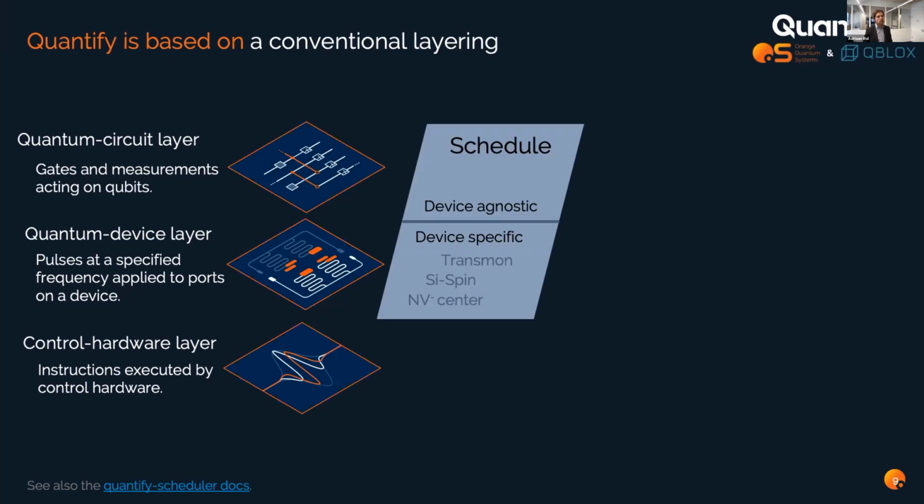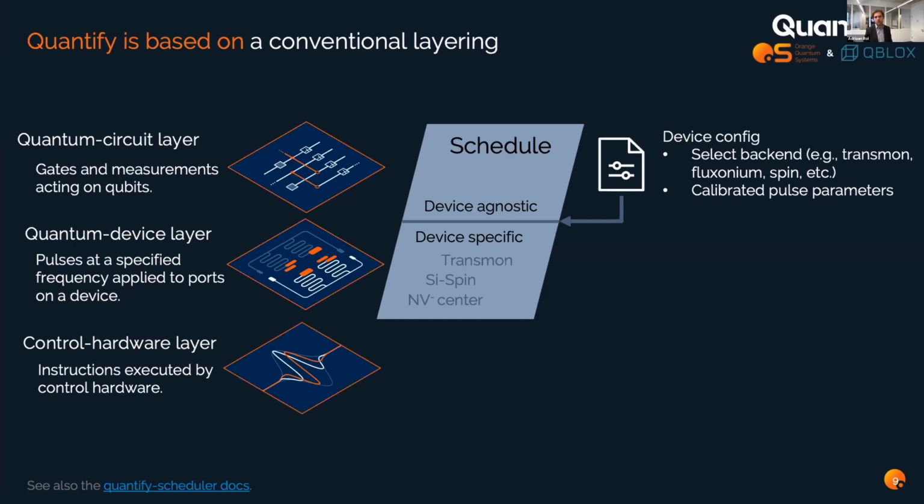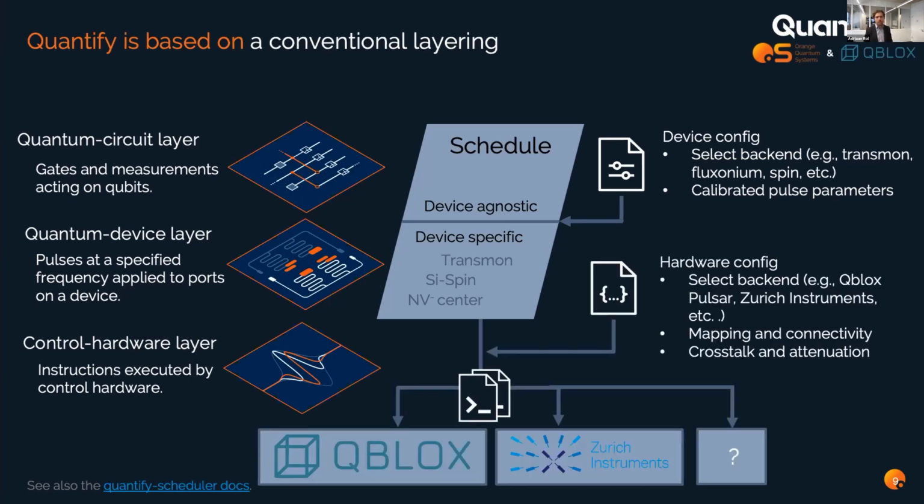Now, the top level quantum circuit layer is completely device agnostic, and we can then compile this into instructions that are device specific. We do this by specifying a configuration file, which selects a backend, which system you want to compile for, and contains the calibrated pulse parameters. Similarly, if we have a configuration that specifies how things are connected to the control hardware, what kind of attenuation is used, those kind of parameters, we can compile it into the control electronics.